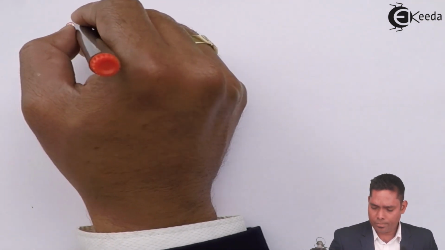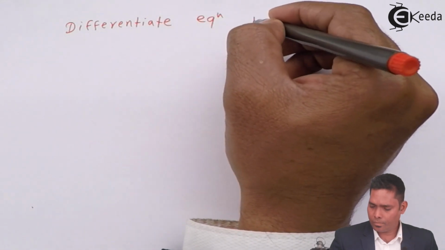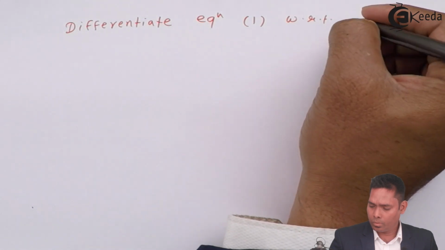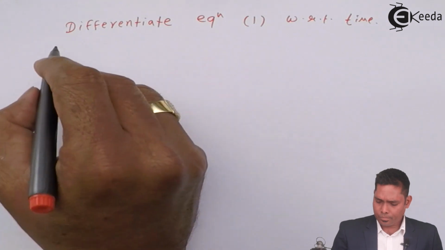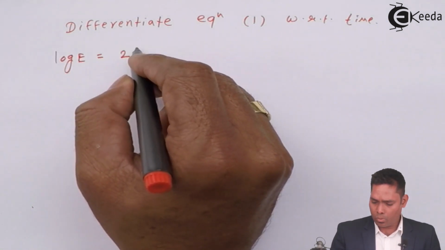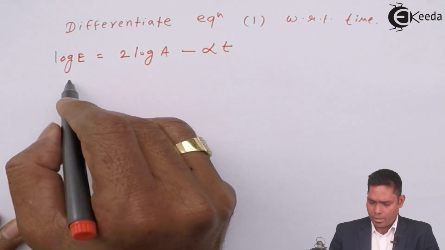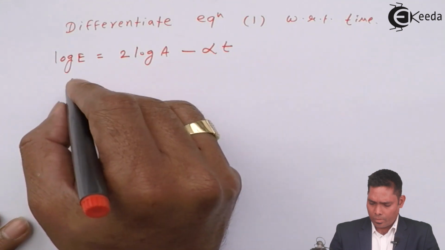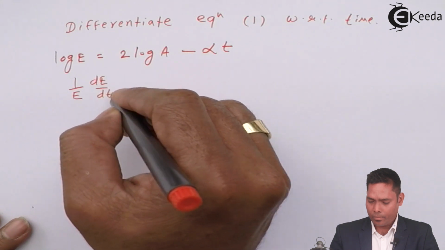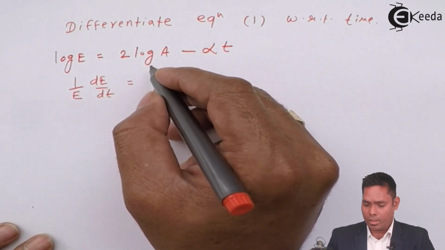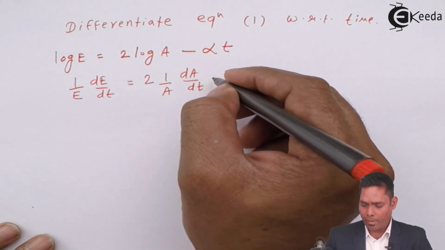So differentiating equation 1 with respect to anything, say time, we have the equation log E equals 2 log A minus alpha t. Then this will be 1 by E dE by dt equals 2 times 1 by A dA by dt minus alpha.